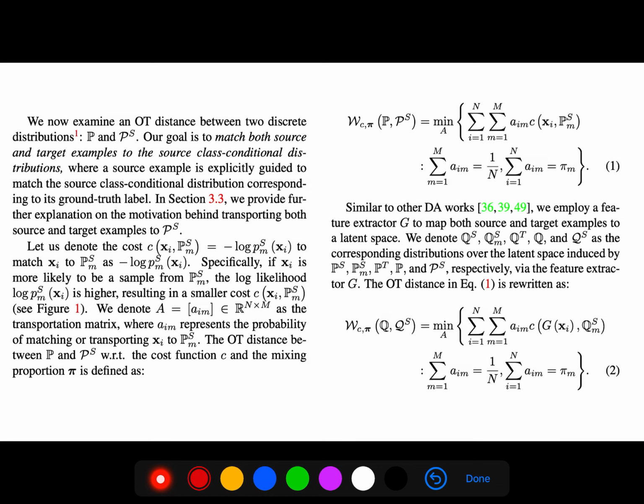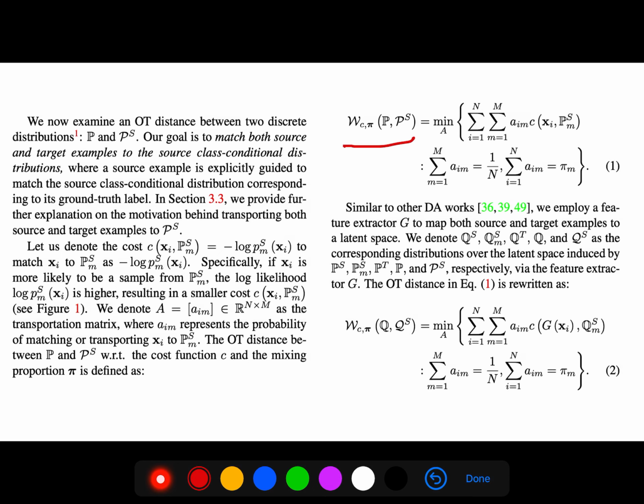So we employ a feature extractor G to map both source and target examples to a latent space. And here we see the Wasserstein distance. And A is just the transportation matrix.